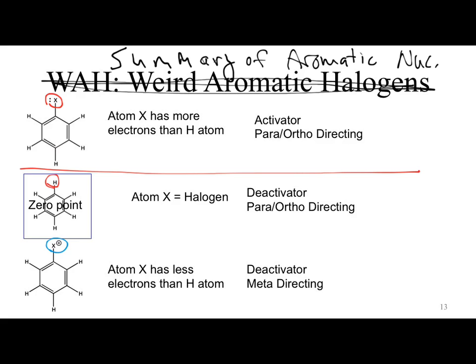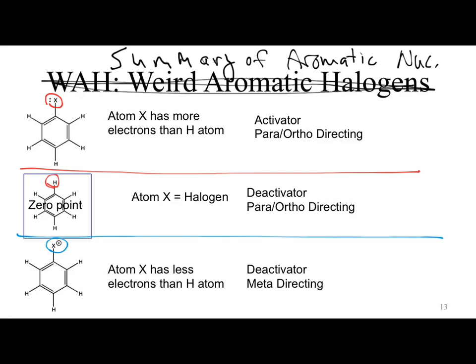Okay, if we looked at the bottom case, if atom X had less electrons than a hydrogen atom, remember we're looking at a hydrogen atom which has technically one electron. The only way we can get less electrons is by putting a positive charge on that atom. So at any point, if I can draw resonance or look at electronegativity effects, put a positive charge on the atom immediately attached to the ring, that atom is going to draw electrons away from the ring.